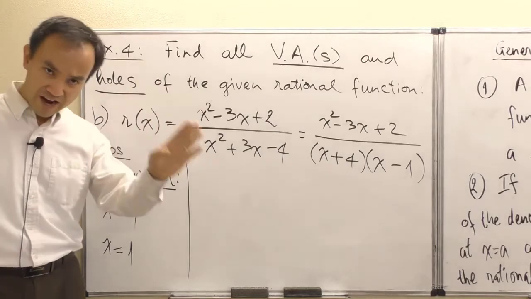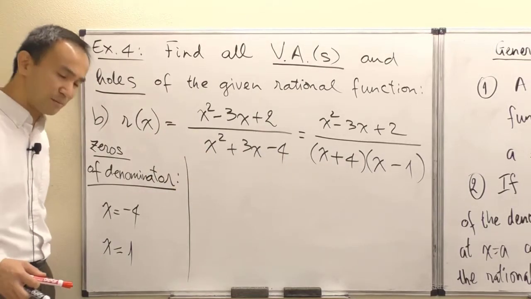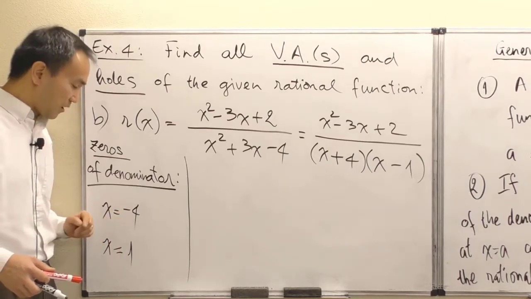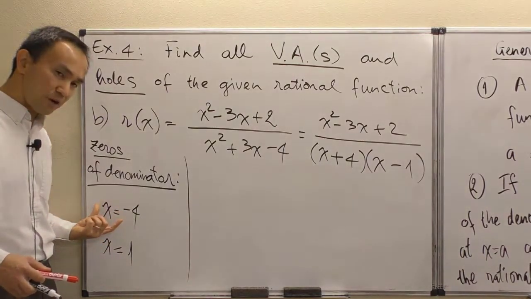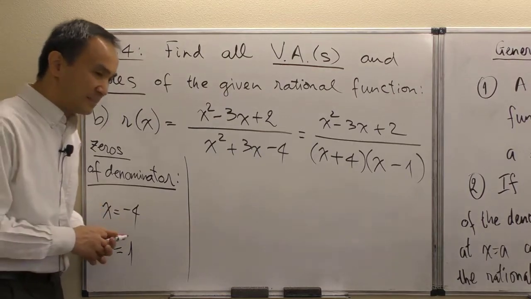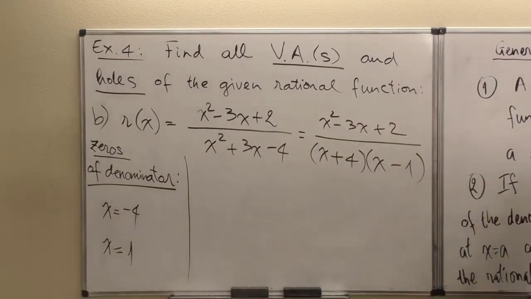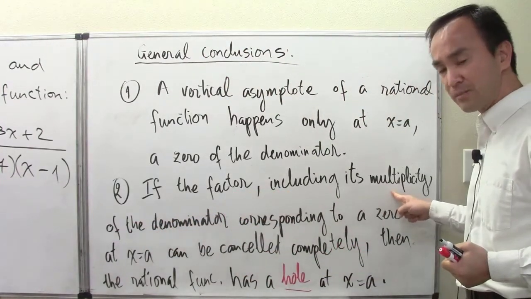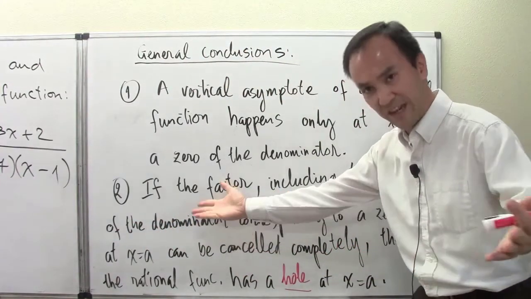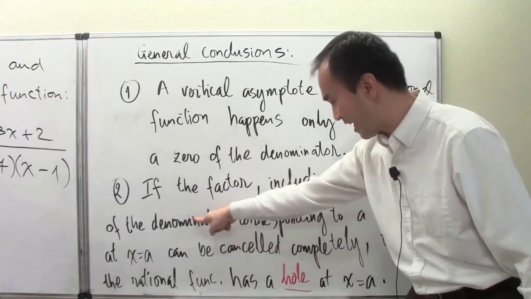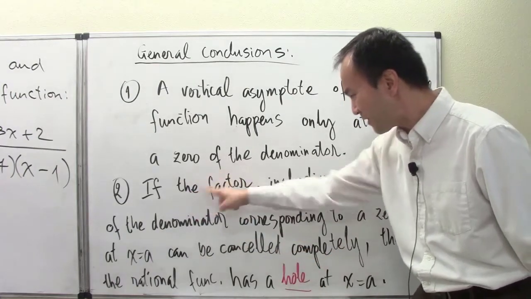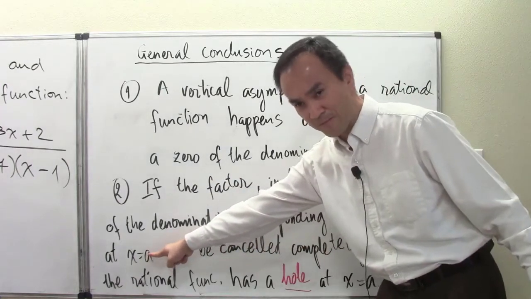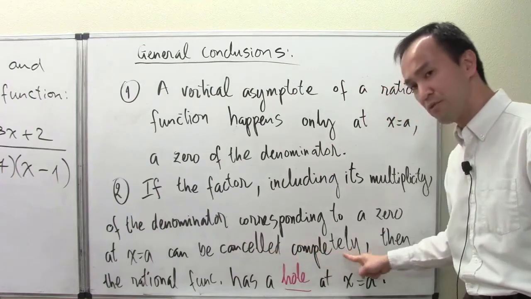We already had a clear guideline how to test whether it will become a hole at any of these zeros. So now x equals -4. In order to decide, if the factor including its multiplicity corresponding to a zero at x equals a can be cancelled completely, okay?